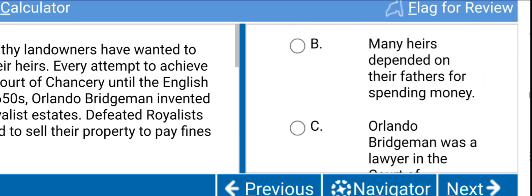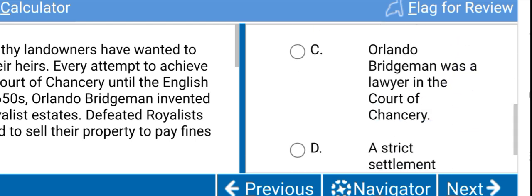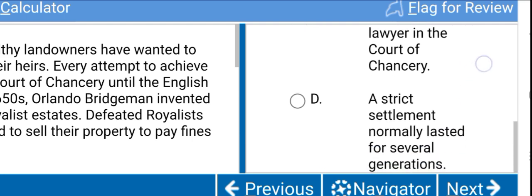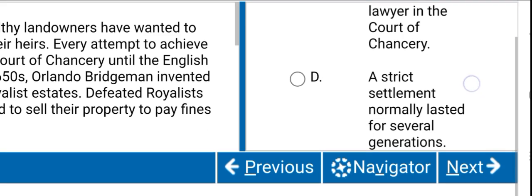Option B, many heirs depended on their fathers for spending money. Option C, Lando Bridgman was a lawyer in the Court of Chancery. Option D, a strict settlement normally lasted for several generations.